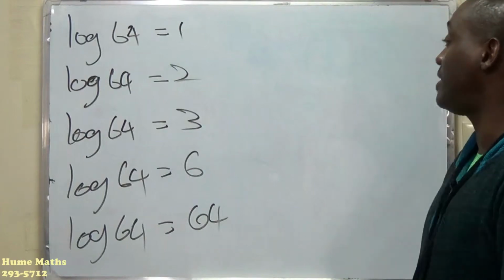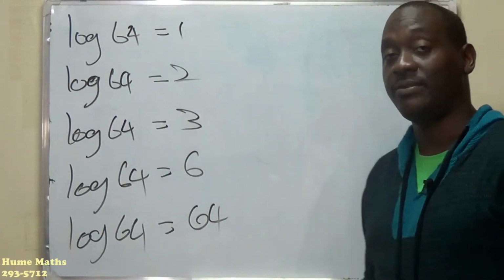How can the log of 64 be 1, 2, 3, 6, 64 values?